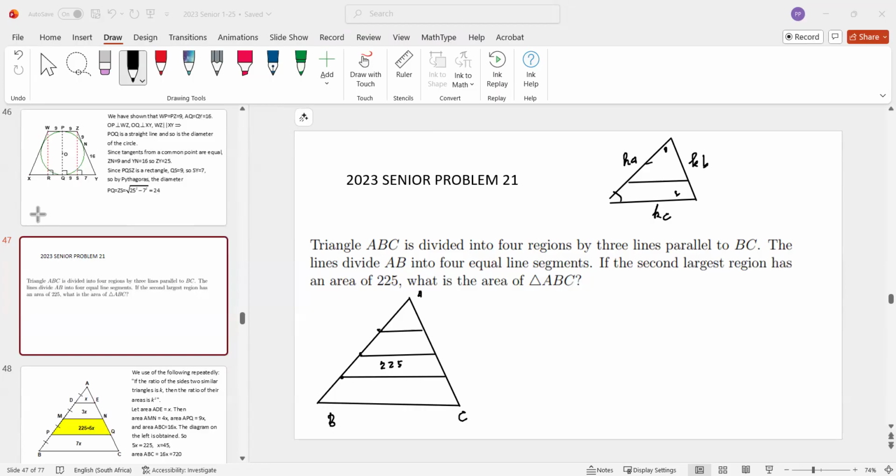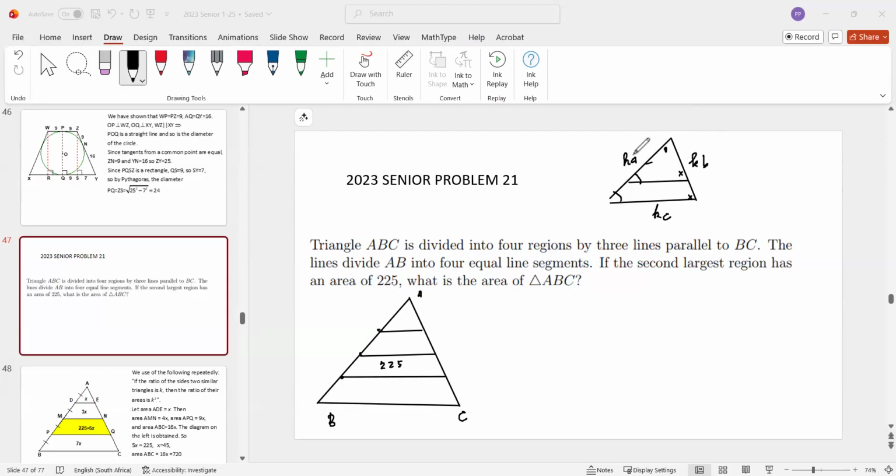It's got the same angles because the 2 small angles correspond, this one and this one, they are equal, and these are equal. So you've got these 2 triangles that have the same angles. So this triangle is similar to that triangle.